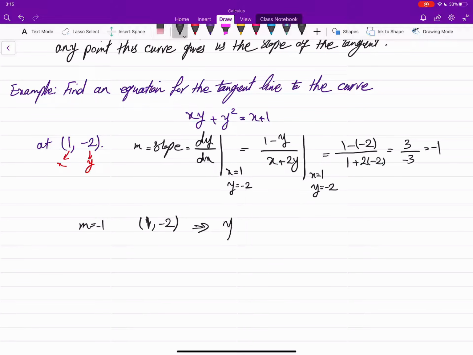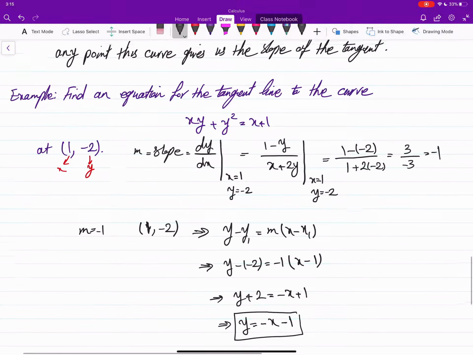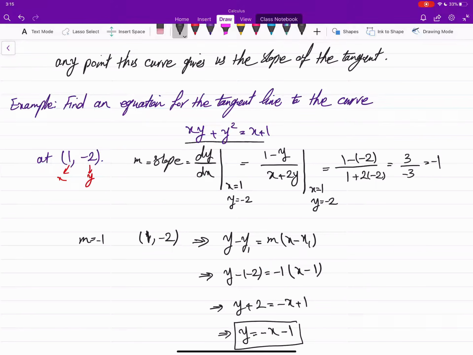Then we can write y minus y1 equals m times x minus x1, which gives us y minus negative 2 equals negative 1 times x minus 1. And this is y plus 2 equals minus x plus 1. And simplify one more: y equals minus x plus 1 minus 2, which is minus x minus 1. And that is an equation for the tangent line to the curve defined by this equation.